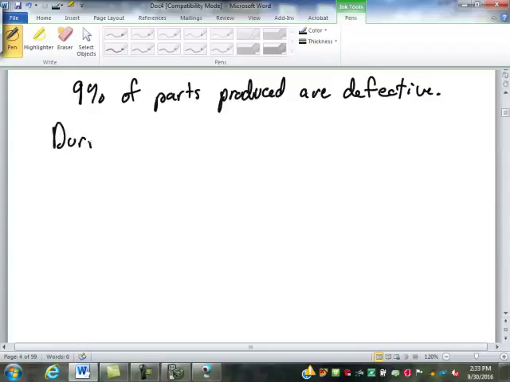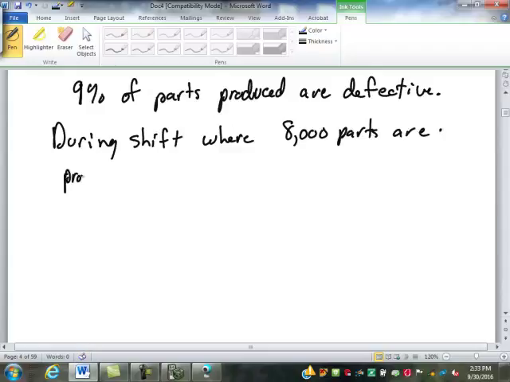During a shift where 8,000 parts are produced, how many good parts are completed?